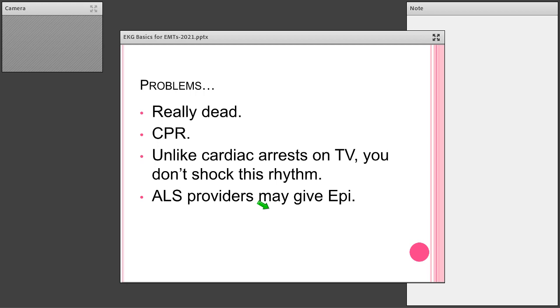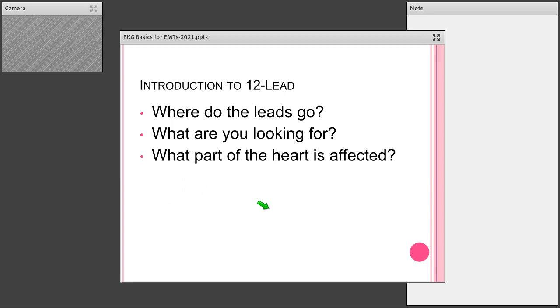So on that happy note, we will move on to some 12 leads. Now, some providers will go straight to a 12 lead, and others will look at a 4-lead strip. That's what we just talked about, and then looking at that, decide they want to take a closer look and then do a 12 lead.